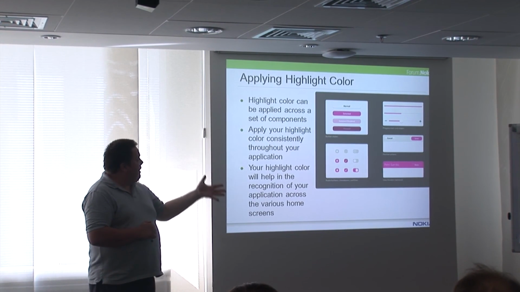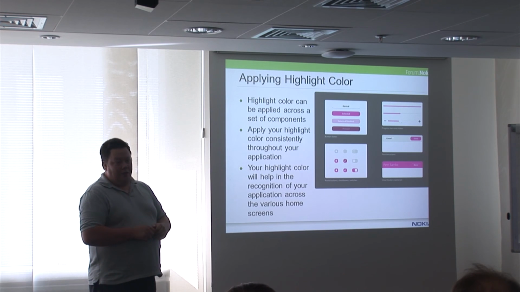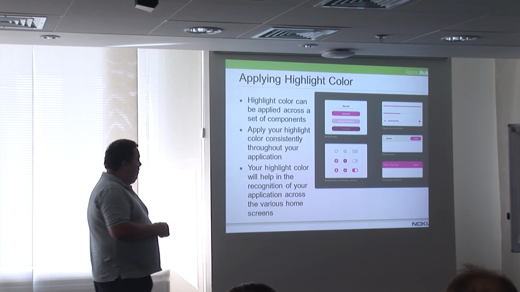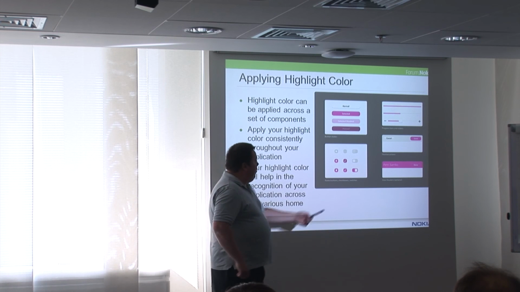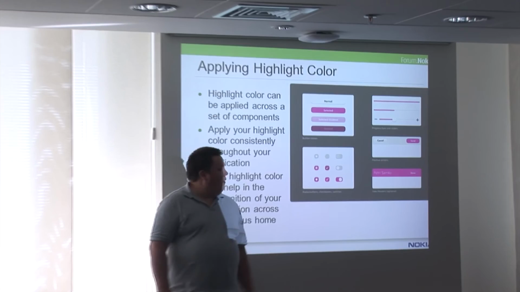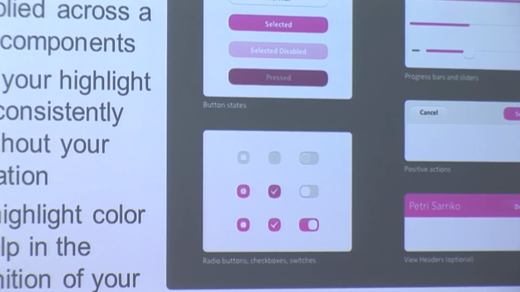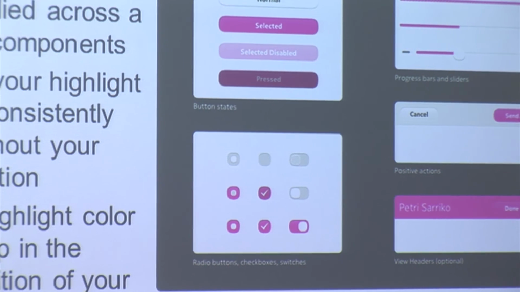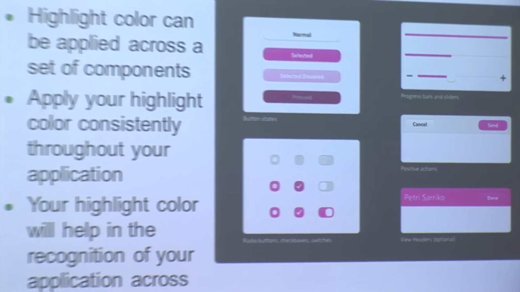To show the state of the buttons. In the sliders we don't have that kind of functionality. You can just have the color there, showing the state of the switches, radio buttons. The header can be shown in that color. So the idea is to use the color in a consistent way throughout the application. Then it looks native.